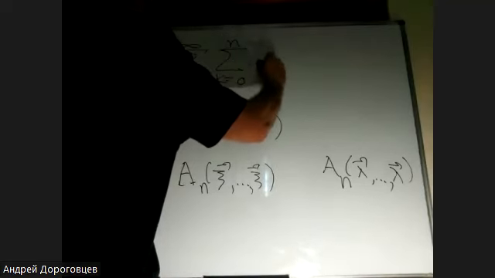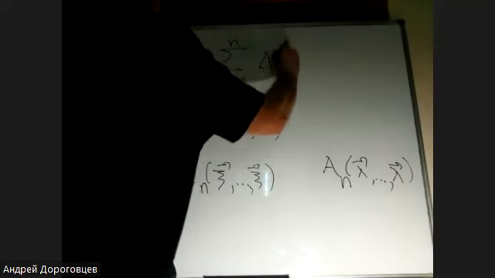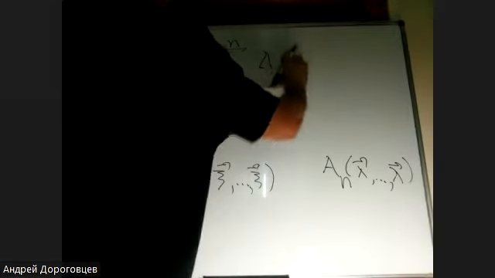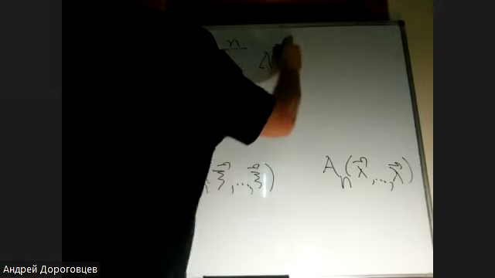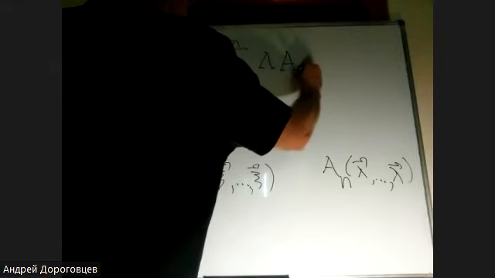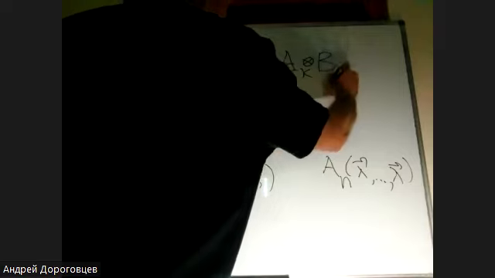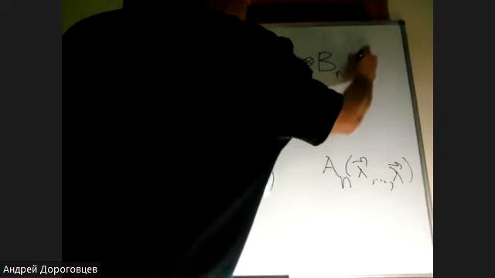Here is symmetrization of the tensor product of A, K, B, N minus K, psi, psi, psi.